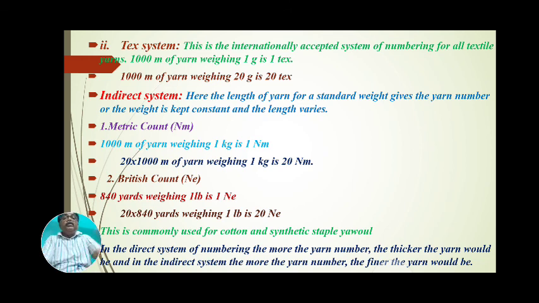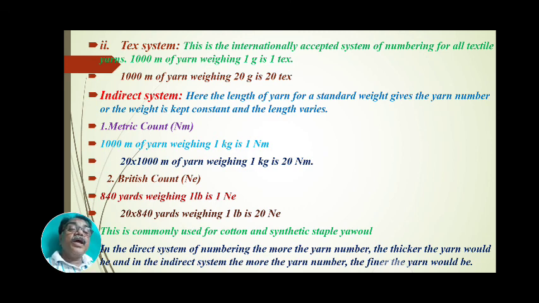Remember that. In the direct system of numbering, the higher the yarn number, the thicker the yarn. And in the indirect system, the higher the yarn number, the finer the yarn.